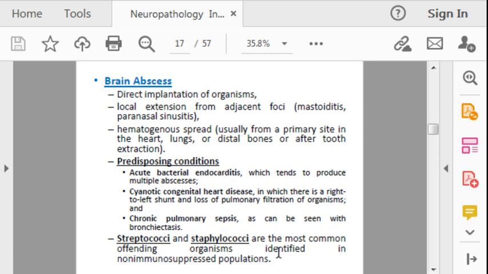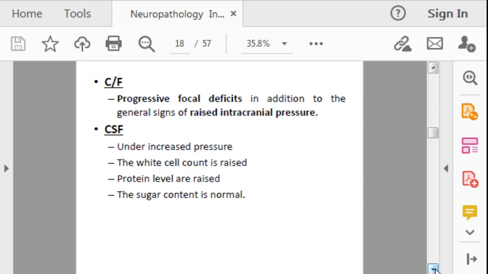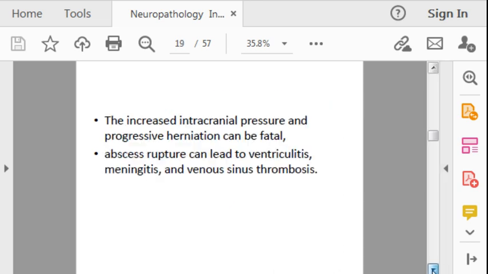Streptococci and staphylococci are the most common offending organisms identified in non-immunosuppressed populations. Clinical features are those of progressive focal deficits in addition to the general signs of raised intracranial pressure. CSF is usually under increased pressure, the white cell count is raised, protein levels are raised, and the sugar content is normal.